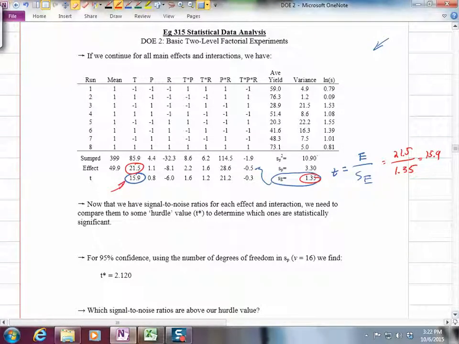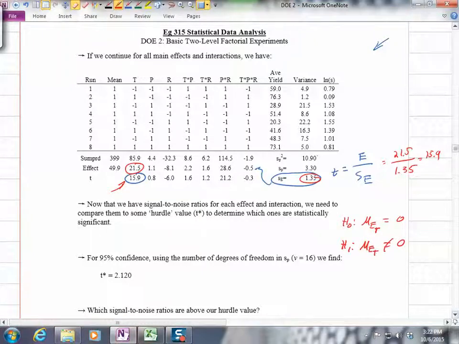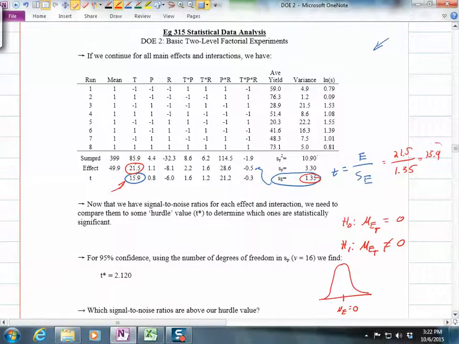That is the t statistic associated with this test, where the null is that the mean effect of temperature is 0, and the alternative is that it is not 0. So you assume the mean is 0, and then you calculate a t-value, and you are almost 16 standard deviations from the mean.